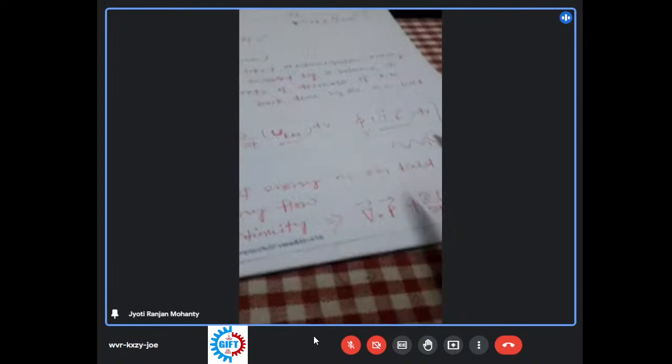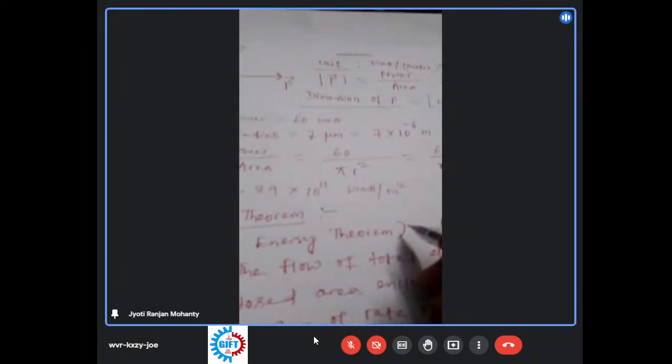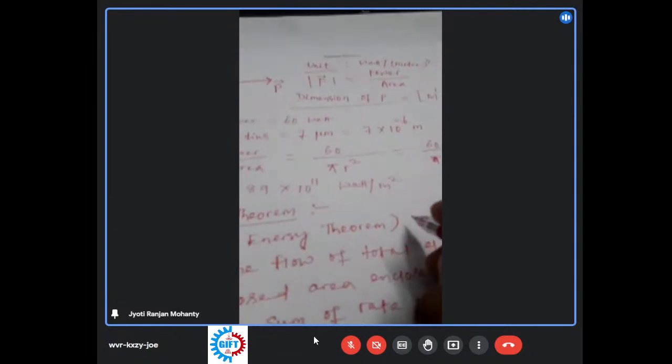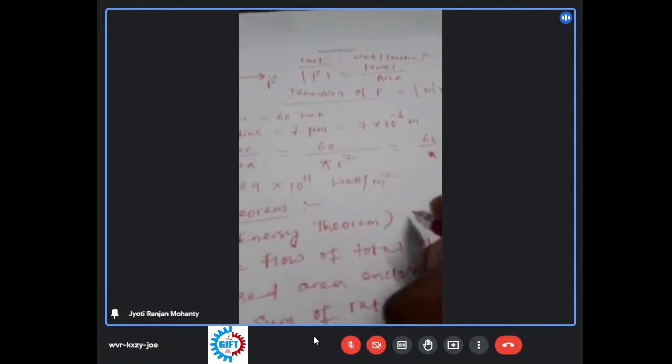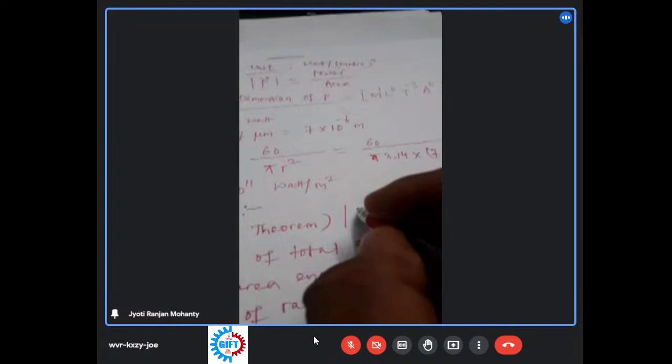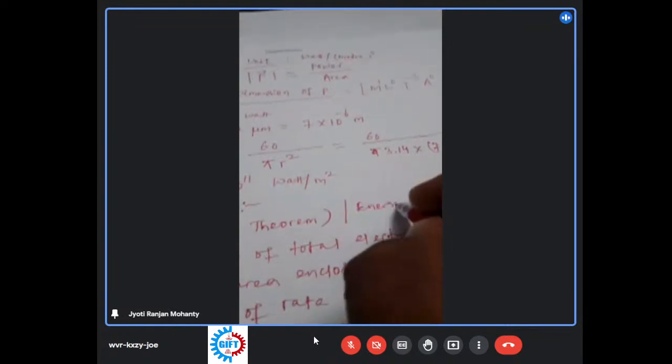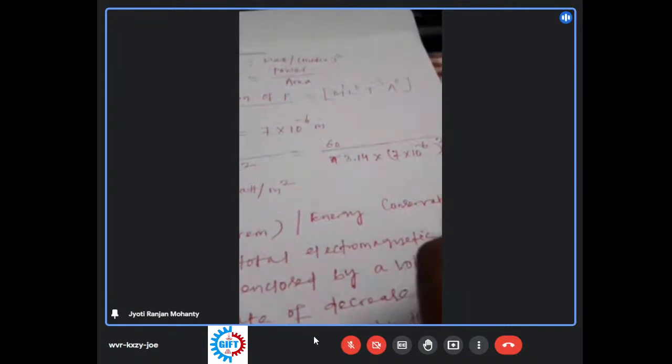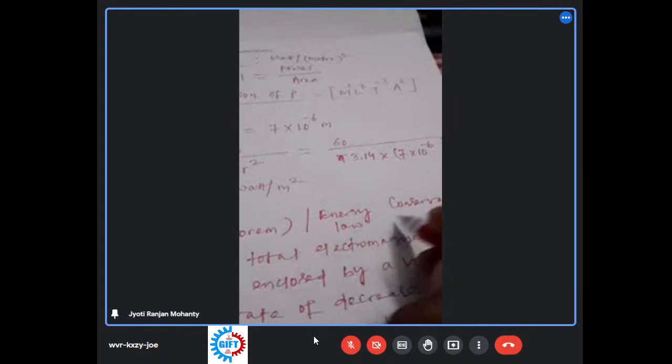You remember, sometimes this is called, as I told you, work energy theorem or energy conservation law. You note down, it is also known as energy conservation law in electromagnetism.